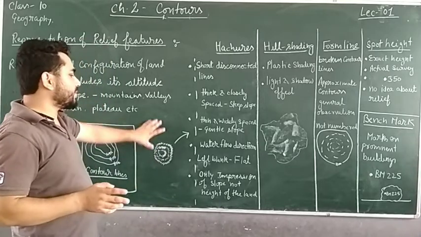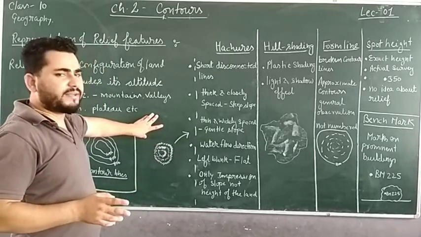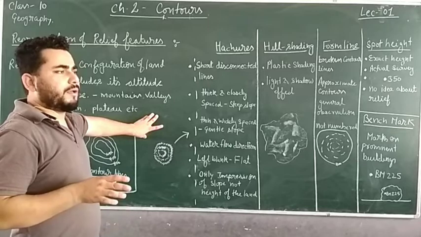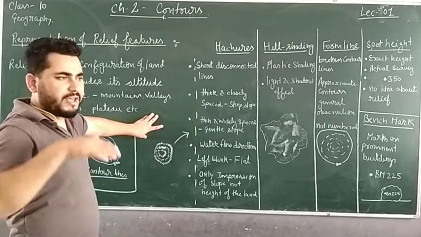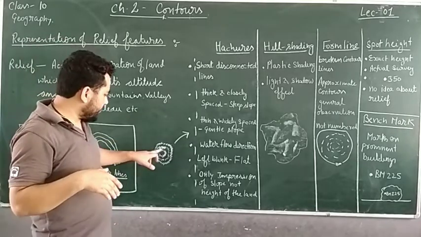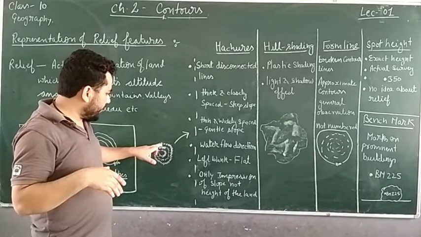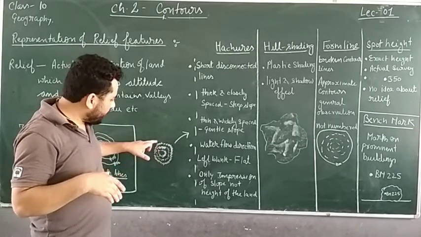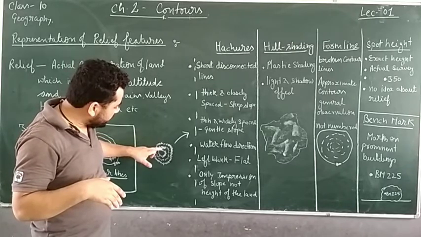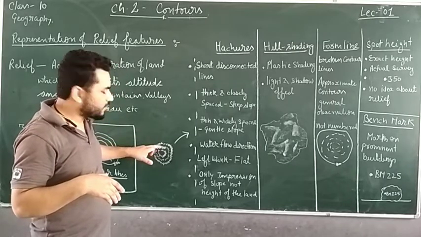Basically these lines can tell us about the direction of water flow. Suppose here this is a steep slope and this is a gentle slope. Water will not flow from gentle slope to steep slope. It will flow from steep slope to gentle slope.